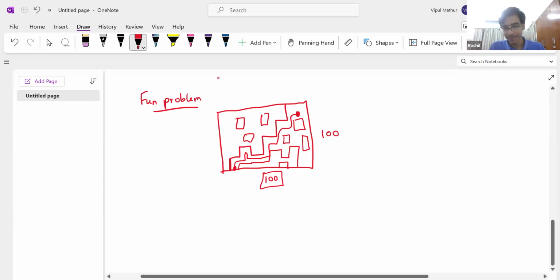And the question is, give me a sequence of letters, U, L, D, R, so up, left, down, right. Just some sequence of this, so up, up, up, left, down, left, right, right, right, and so on.